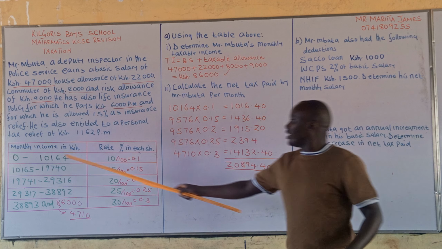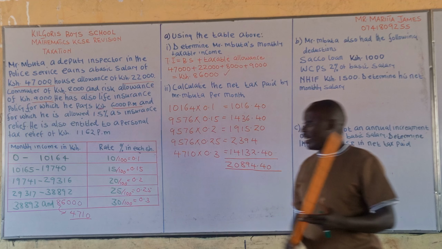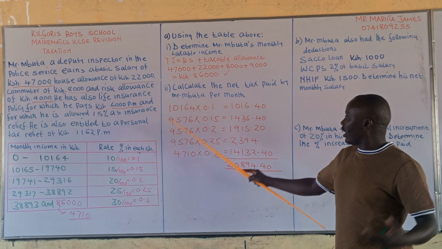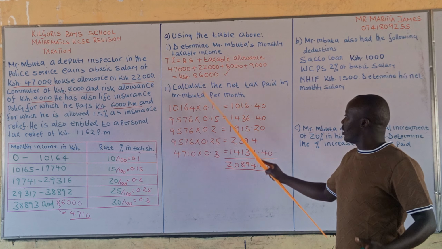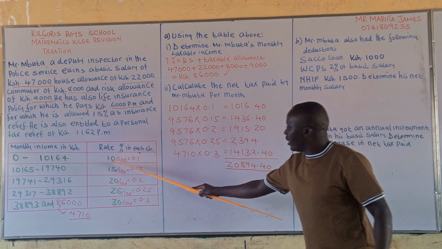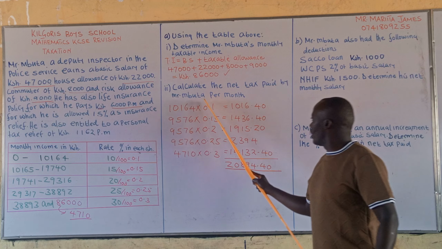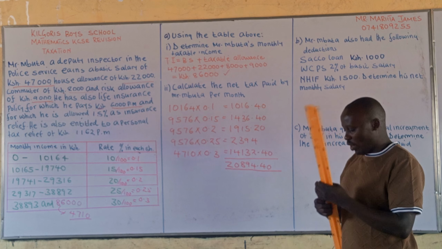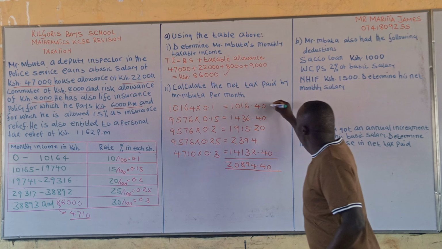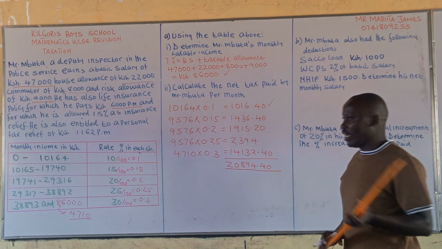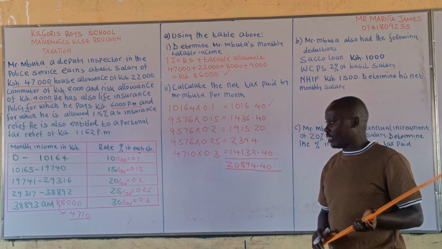To calculate the net tax paid by Mr. Mbuta, in the first band, 0 to 10,164, you have a difference of 10,164 times a rate of 10%. 10% is the same as 0.1, and that gives us 1,016 shillings and 40 cents.